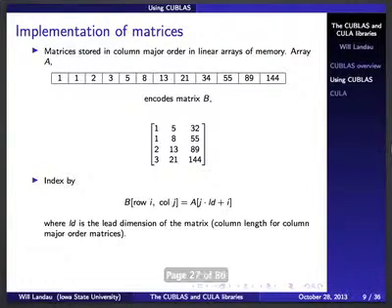So I define a function like this. If I want to go to row I, column j, here's what I might do. I take j times LD plus I, where LD is called the lead dimension of the matrix. And this is column major order, not row major order.